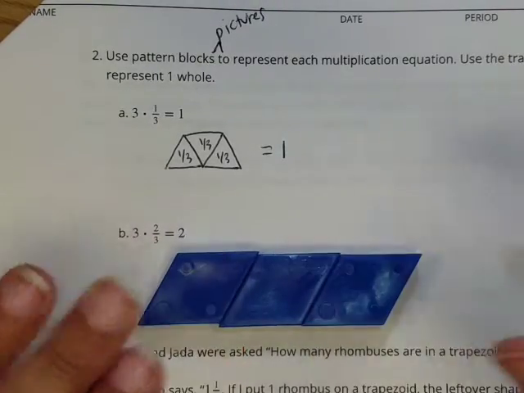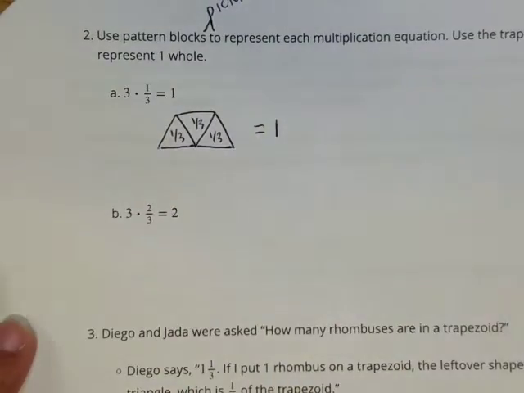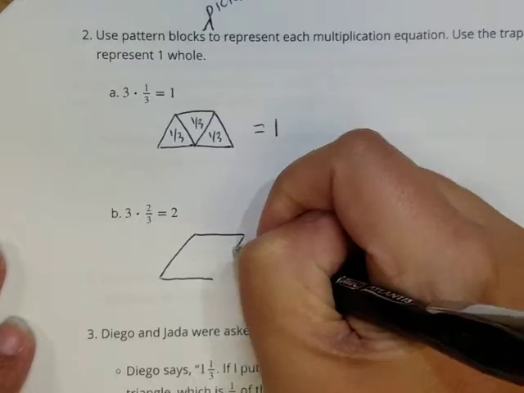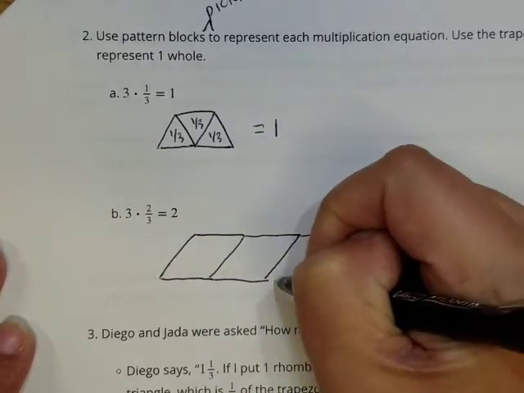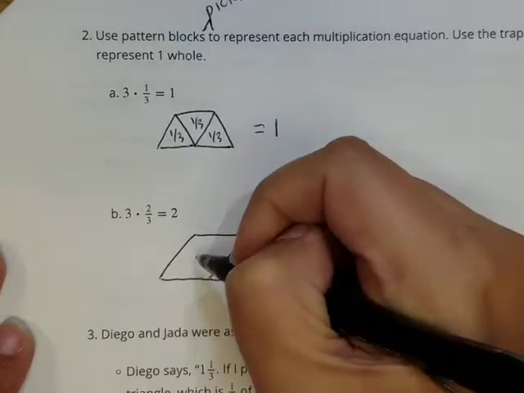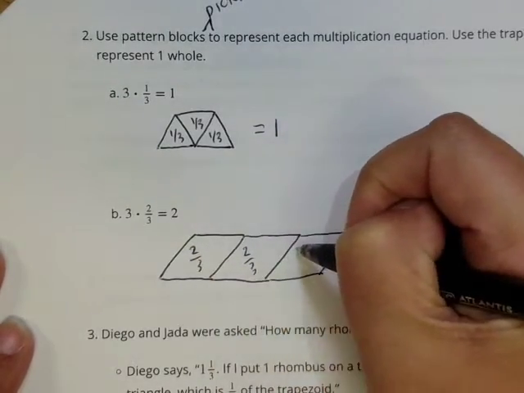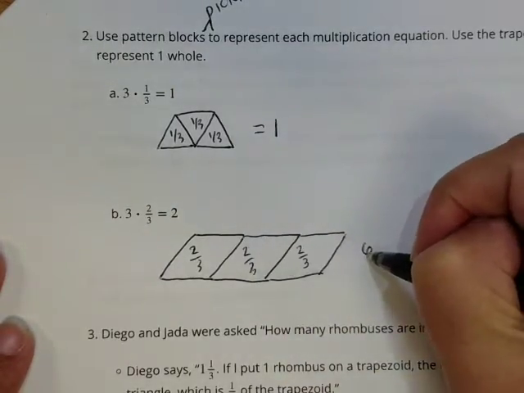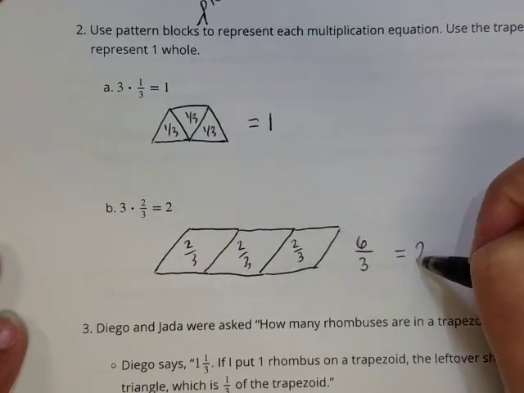And then what we can do is we can break up the rhombus to see if it does equal 2. So we're going to draw this picture of 3 rhombuses or 3 rhombi. So there's 1, there's 2, there's 3. We know that this is 2/3, 2/3, and 2/3, and 2/3 plus 2/3 plus 2/3 is 6/3, and 6/3 is really 2.